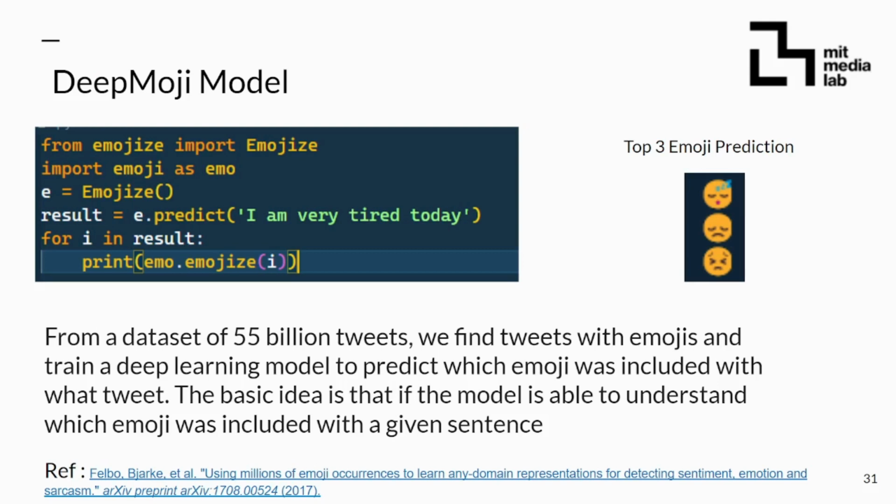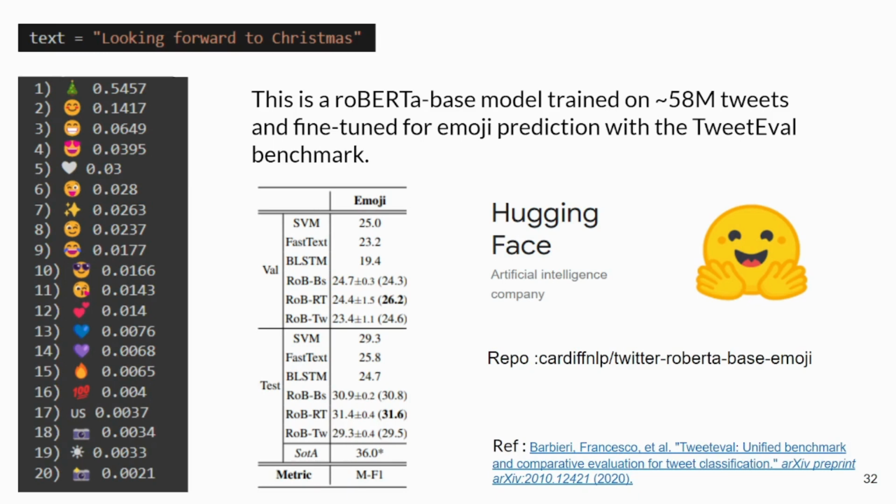They also released weights of their model, and we can fine tune our model using the given weights. Hugging Face also released a Transformer, which is a RoBERTa based model trained on 58 million tweets and fine tuned for emoji prediction with the TweetEval benchmark. Using their APIs, we can also fine tune or train on a custom dataset.